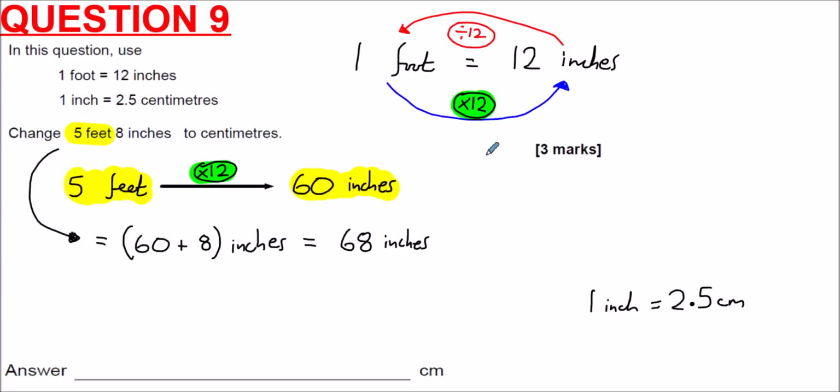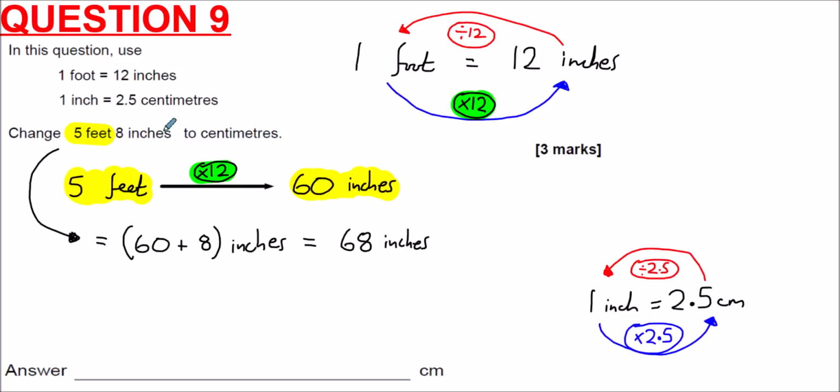So if we're changing from inches to centimetres, we're going from a smaller number here to a bigger number there. So we'd be multiplying by 2.5. Whereas if we went the opposite way round and we were changing from centimetres to inches, we'd be going from a big number to a smaller number, and then we'd be dividing by 2.5 instead.